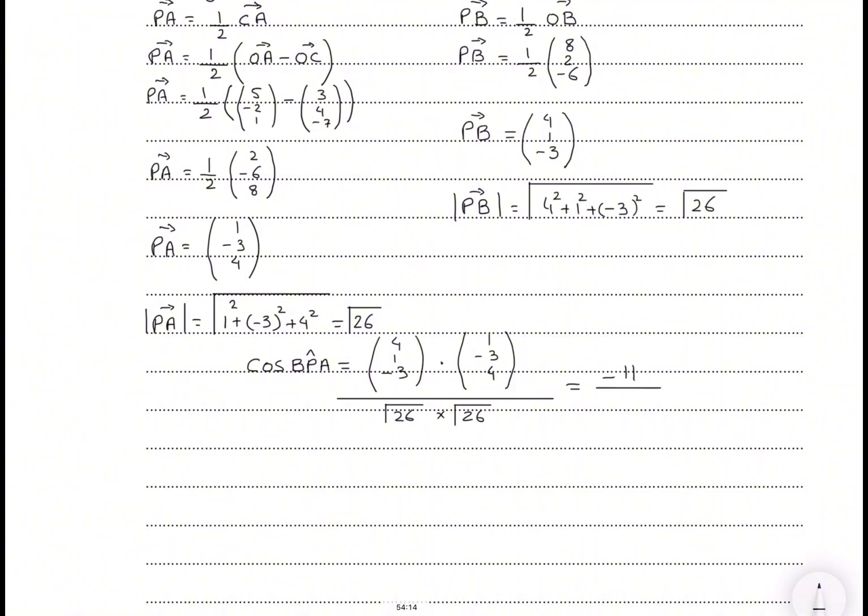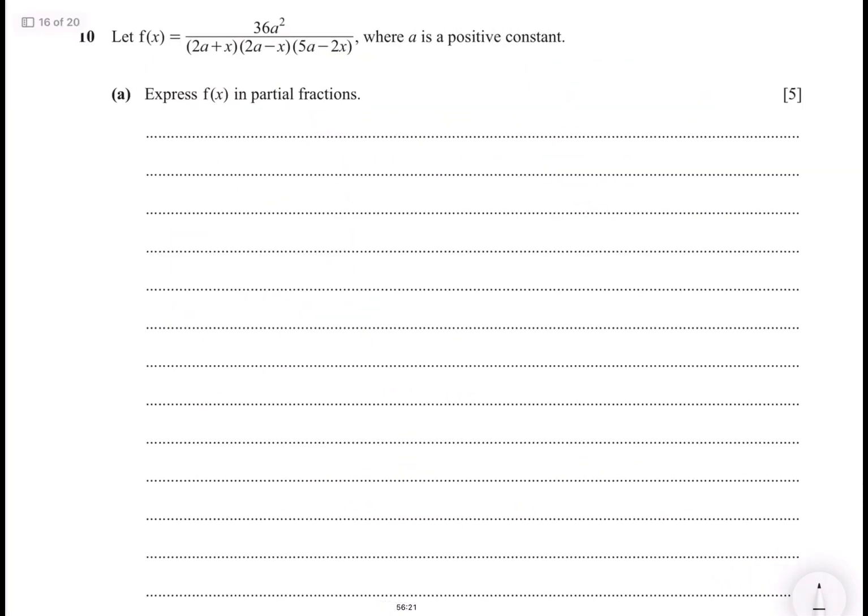So this becomes minus 11 over 26. So cos inverse of minus 11 over 26 is 115.03. We need acute angle, so subtract it from 180. So we get 64.97 or 65.